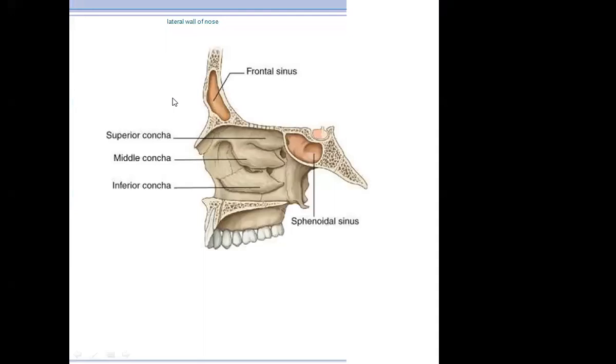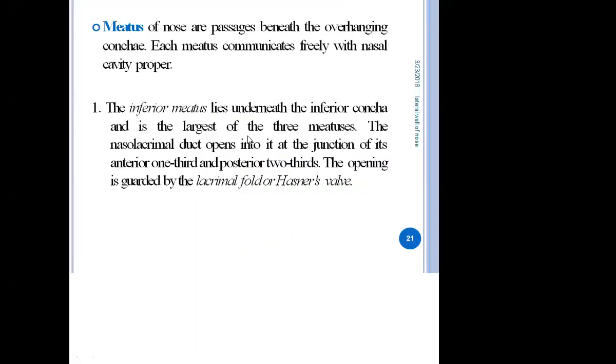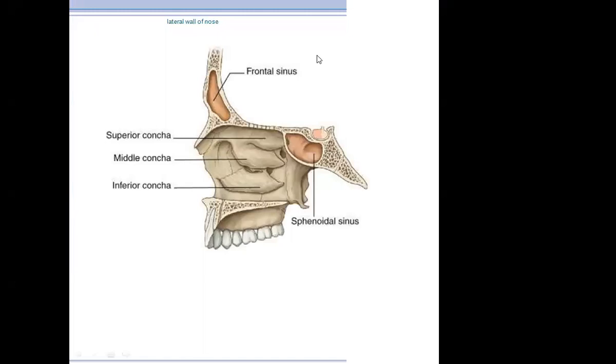Below each concha we have a space, and this space is called a meatus. They are the passages present beneath the conchae, overhung by the conchae. Each meatus communicates with the nasal cavity.